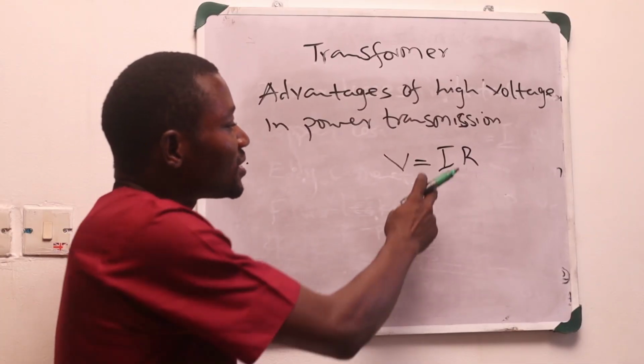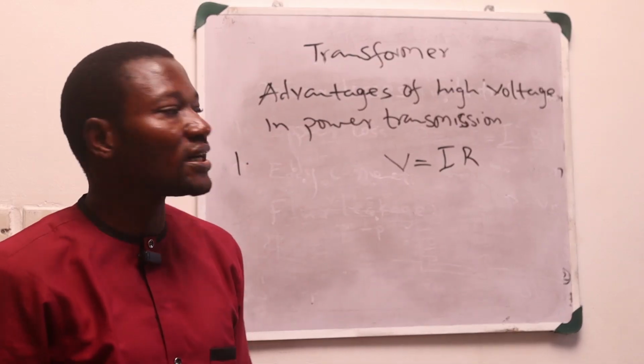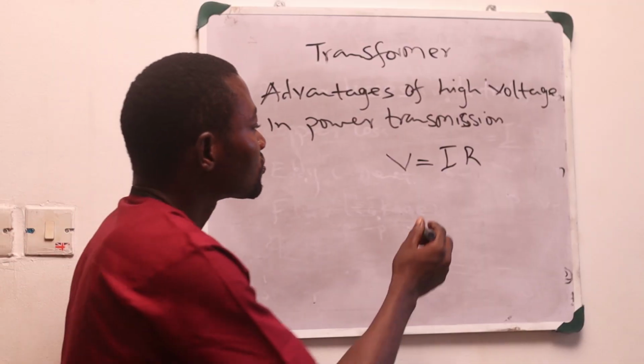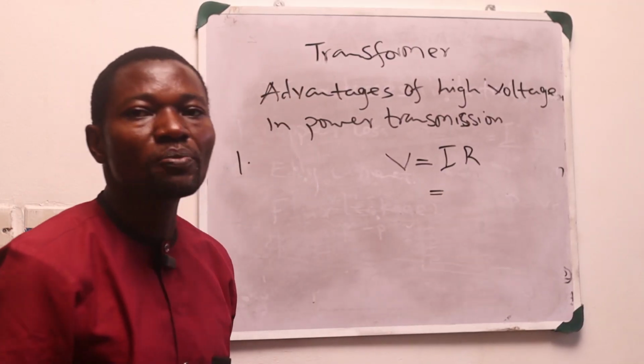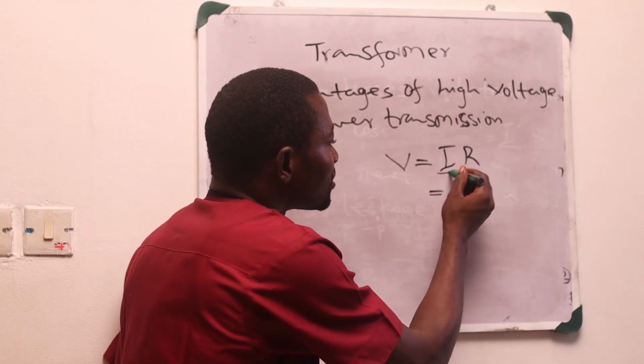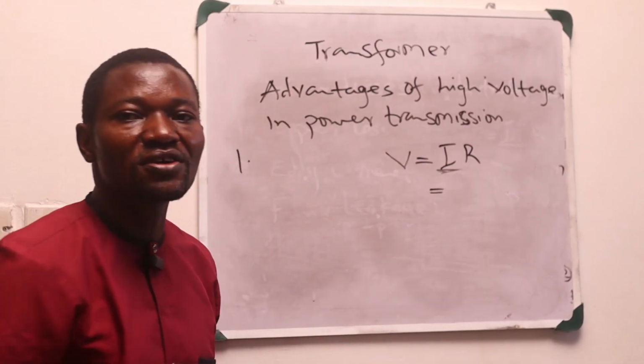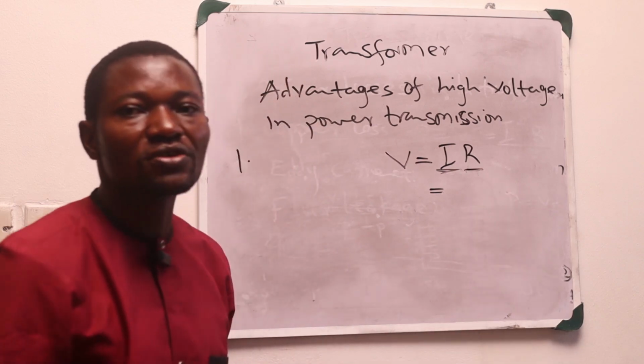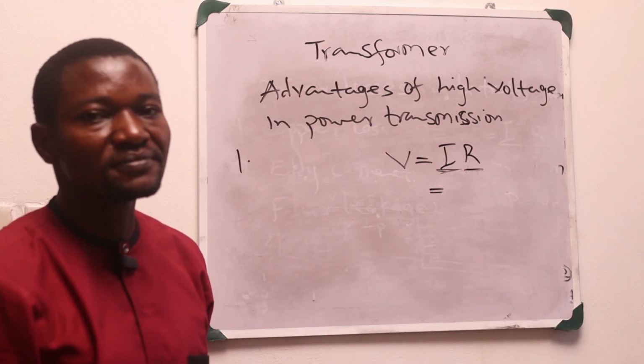So assuming we are transmitting power at high current, low voltage, you discover that the opposition from the line, the conductor, will be very high.